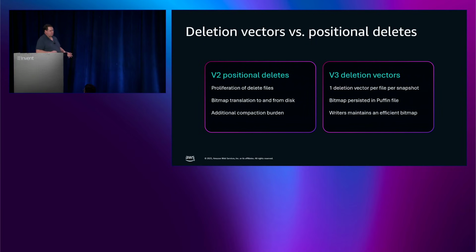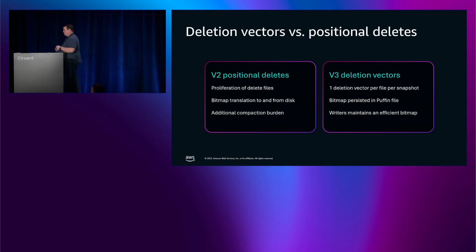So to wrap up on deletion vectors, comparing them to V2 positional deletes, and hopefully drive home why this is such a great improvement. With positional delete files, there was a propensity to have a proliferation of delete files. There was no spec, there was no guidance given around producing delete files.